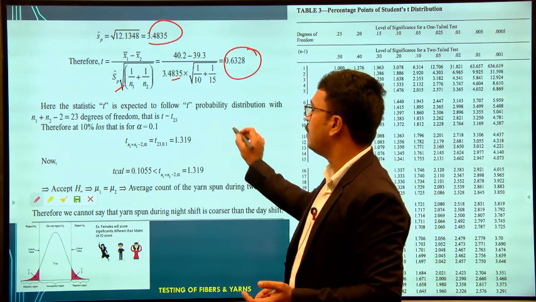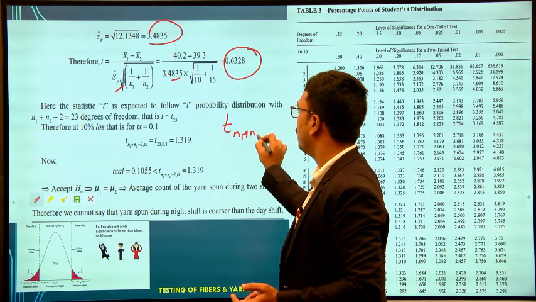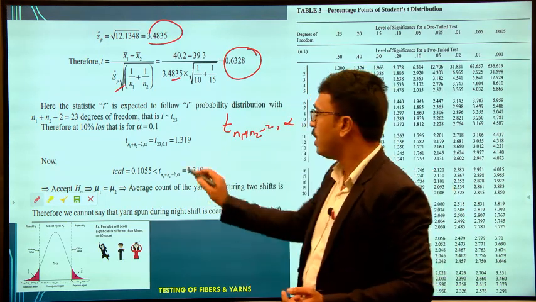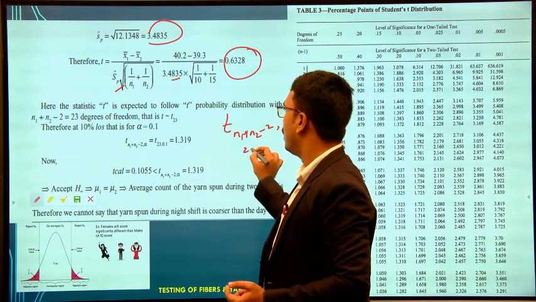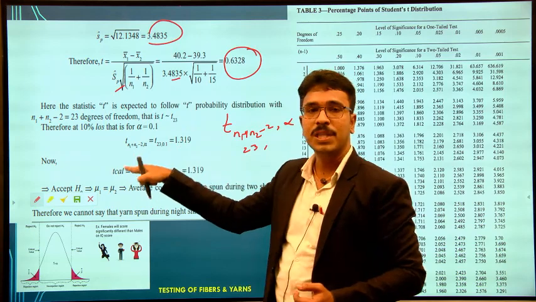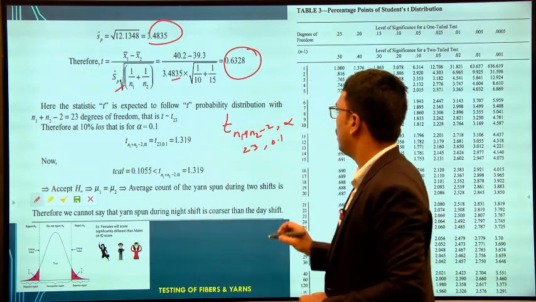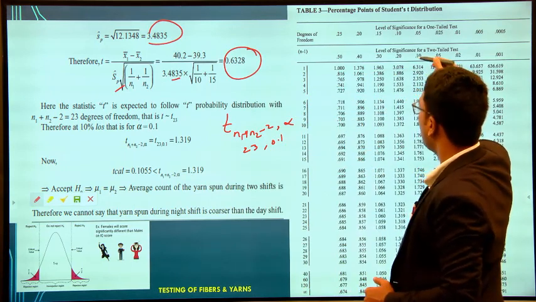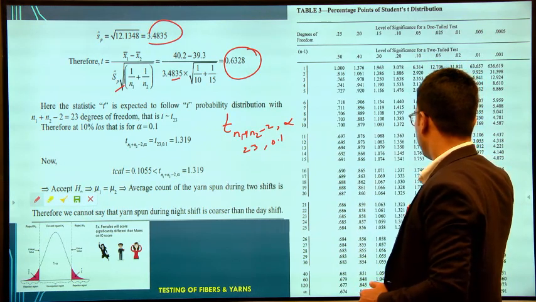So what is the degrees of freedom? t with n1 plus n2 minus 2 comma alpha. What is n1 and n2? We have 15 and 10, so this becomes 23. Since level of significance is 10 percent, what is that alpha value? 0.1.